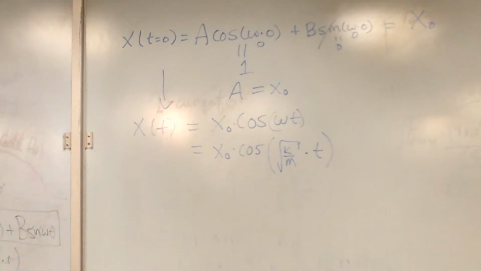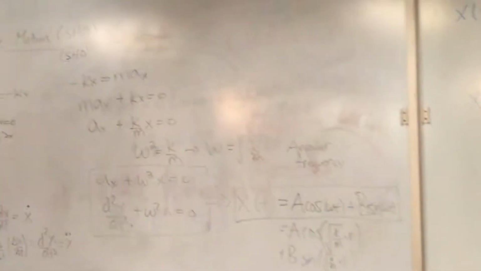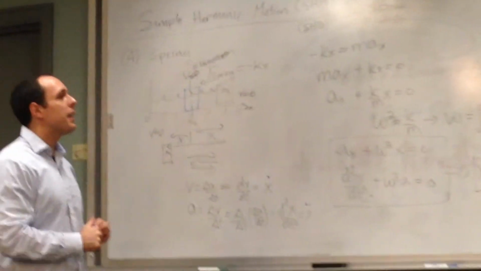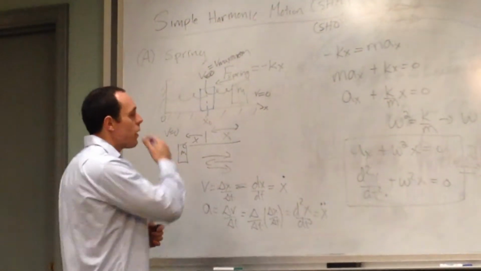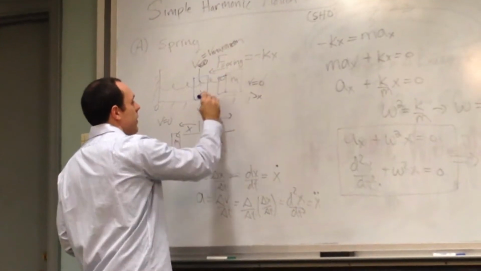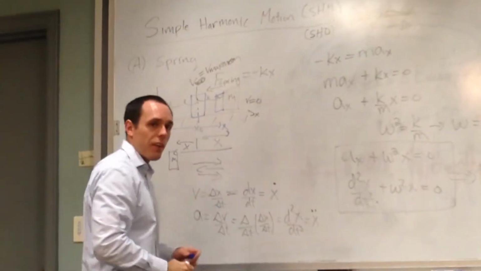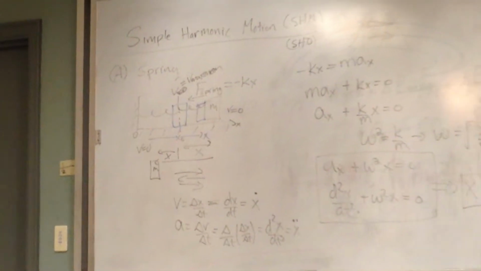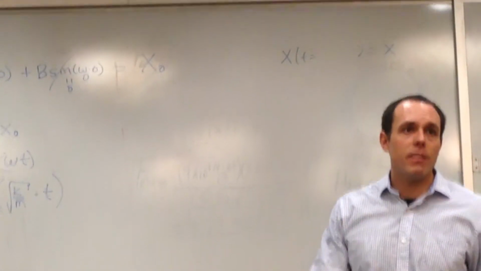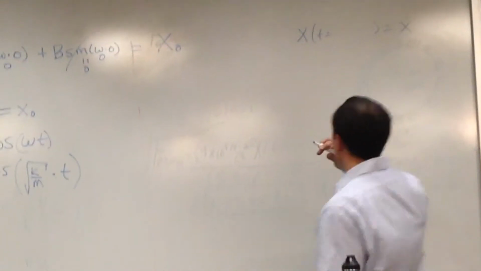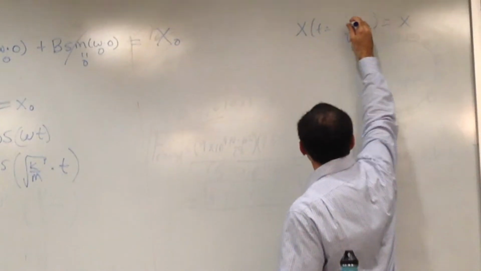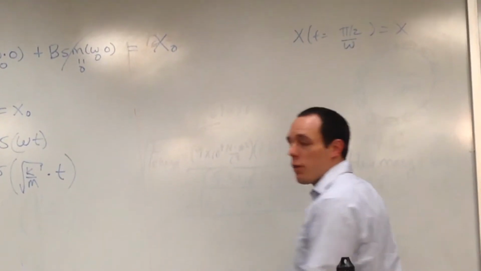Now let's say instead that I knew it was at some position x. Let's just say this is just some position x. And at the time that I saw it at position x, so I tell you here that when it's at position x, that basically means that the time is going to be pi over 2 divided by omega.